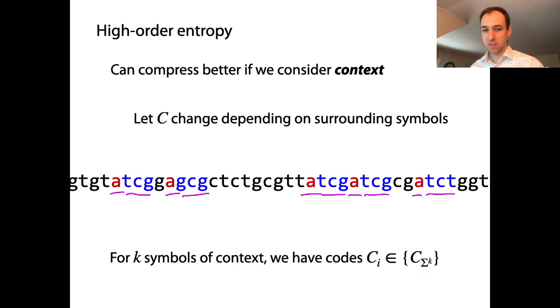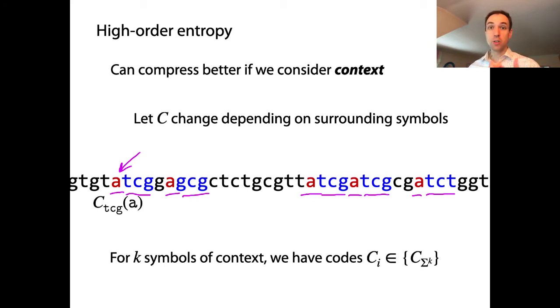Okay, so in this example, looking at our first A, that might use the code book for the right context TCG, right? If the right context is TCG, we use the TCG code. Big C subscript TCG of A would be the code that we would use. Kind of like before, whereas before we would just say C of A. There was just one code all the time.